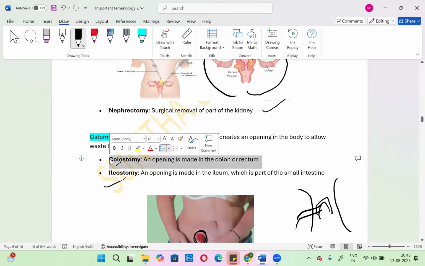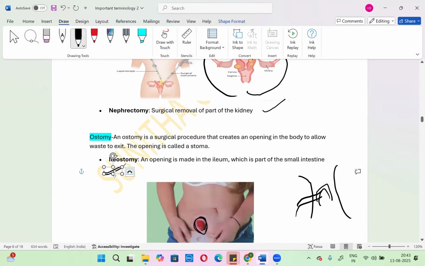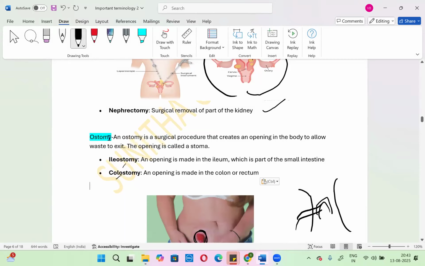And you can take down this example, ileostomy, creating an opening in the ileum. Ileum is a part of the small intestine. We have three parts in the small intestine: jejunum, duodenum, and ileum.